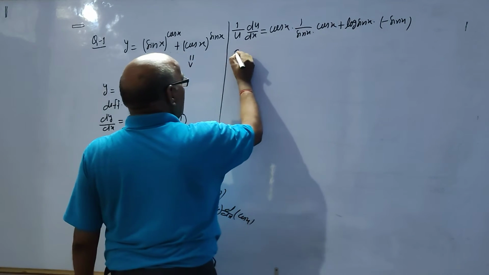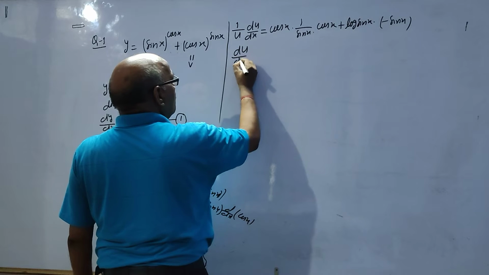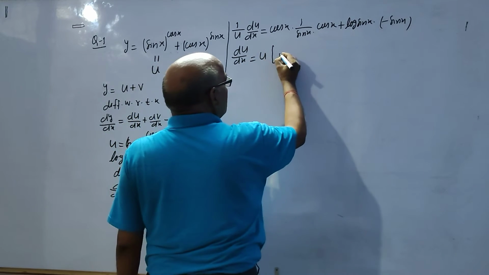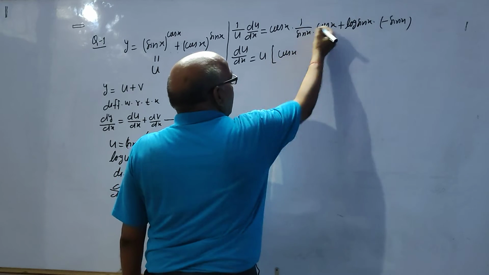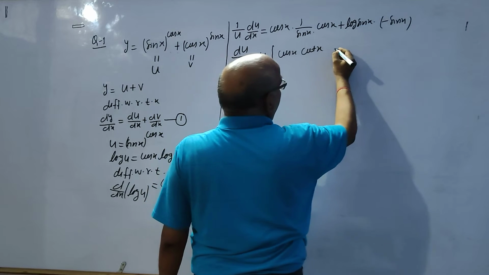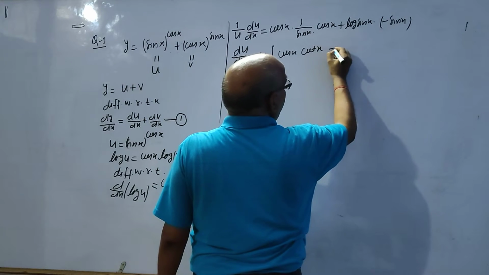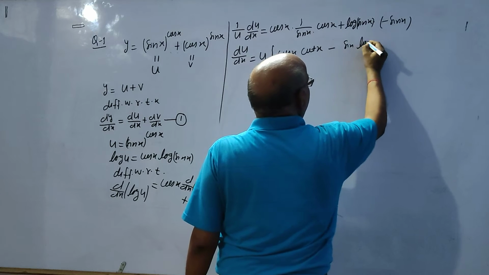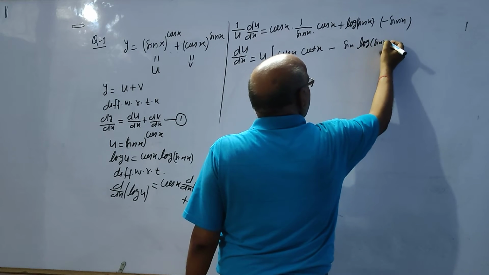Now use cross multiplication, du over dx is equal to u times of, this is what, cos x, and cos x upon sin x, that is equal to what, cot x, and this is minus sin x into log of sin x.